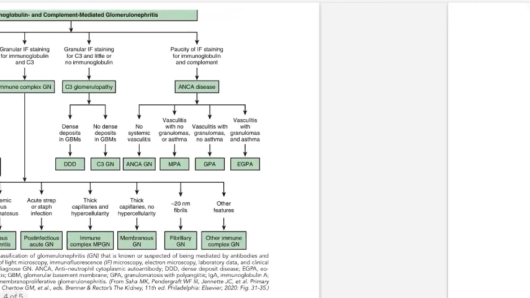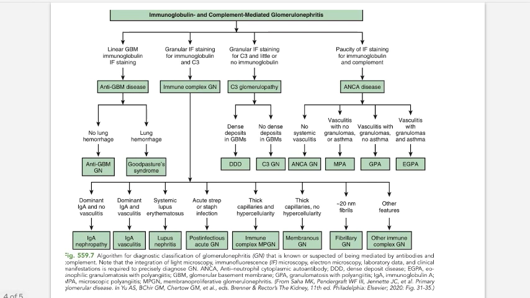Now we will see immunoglobulin and complement mediated glomerulonephritis. This is a very exhaustive looking flowchart, but we will go step by step. If we see linear glomerular basement membrane immunoglobulin staining on immunofluorescence, this is anti-GBM disease.